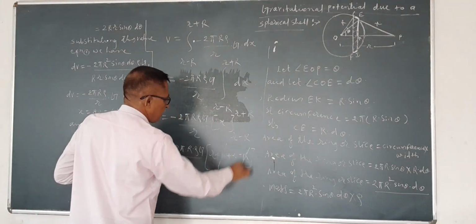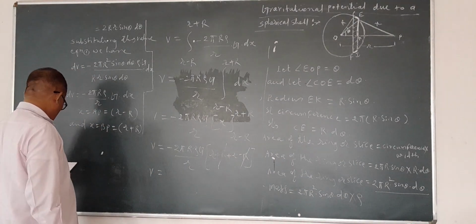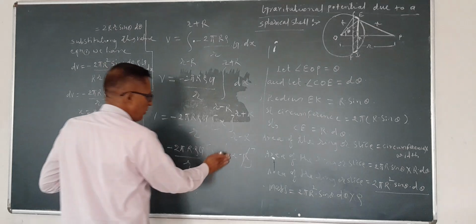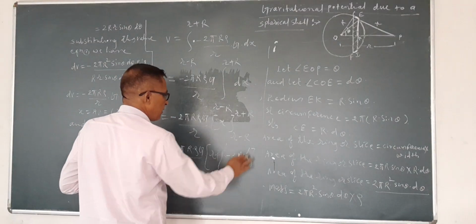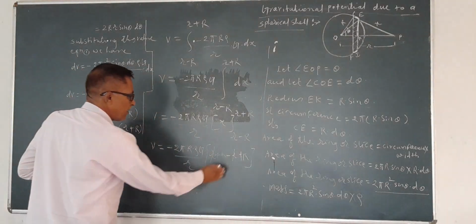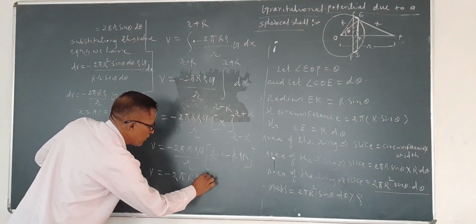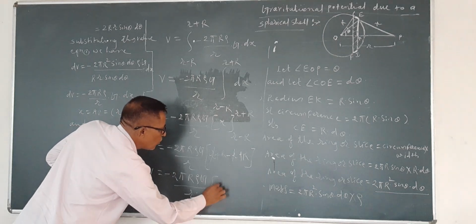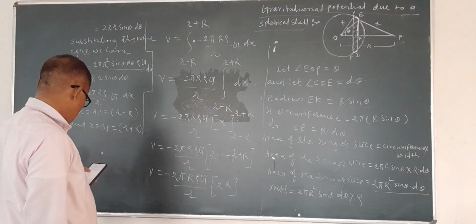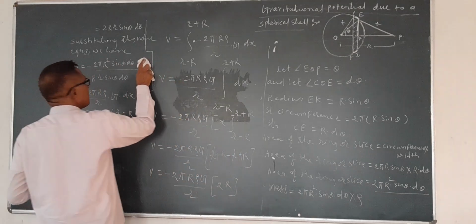Here the plus r and minus r get cancelled, upper limit minus lower limit, and the remaining part is minus 2π R ρ G upon r into 2R.